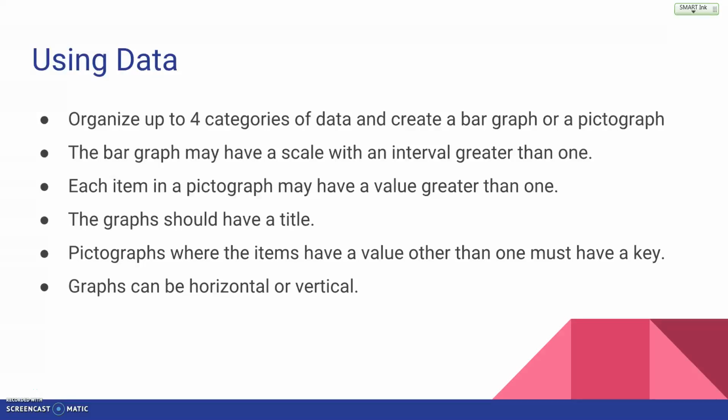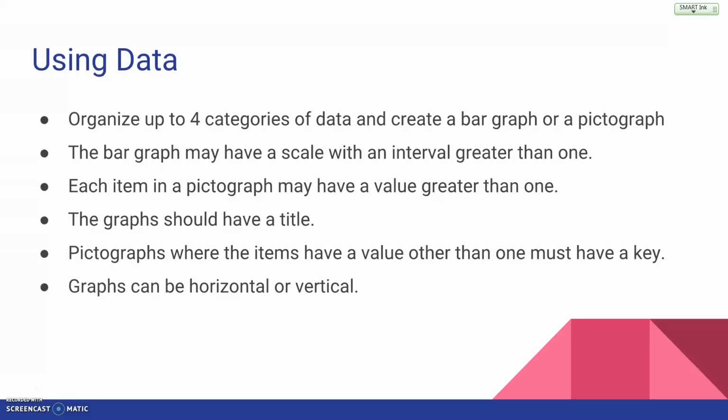And they need to know that every graph should have a title. Just like every book has a title, we need to know what it's about. And we know that if it's a pictograph where the pictures have a value other than 1, that it must have a key so that we know how much each picture is worth.